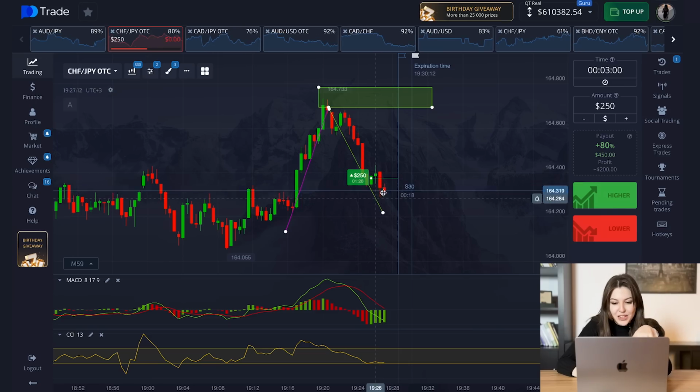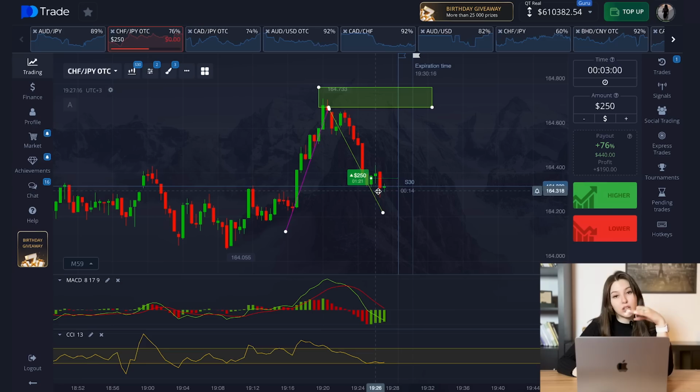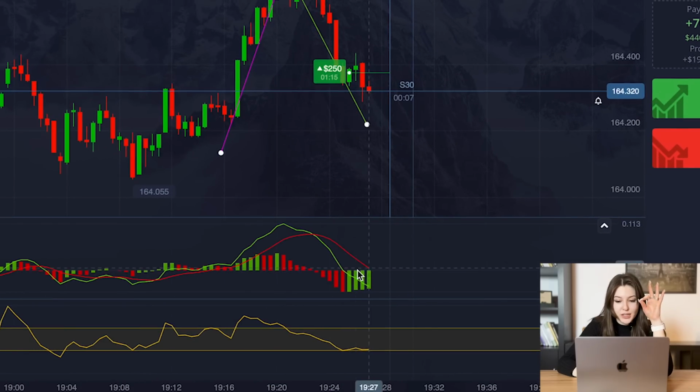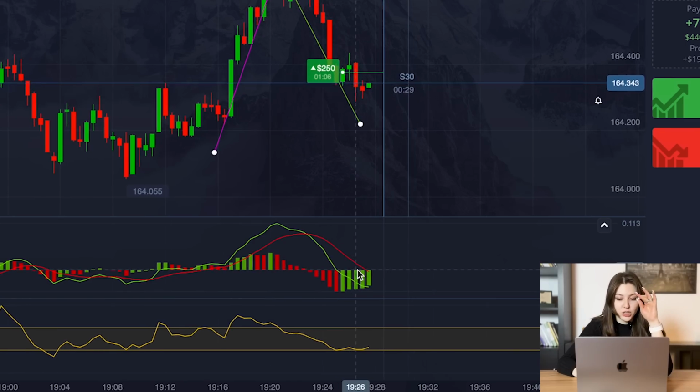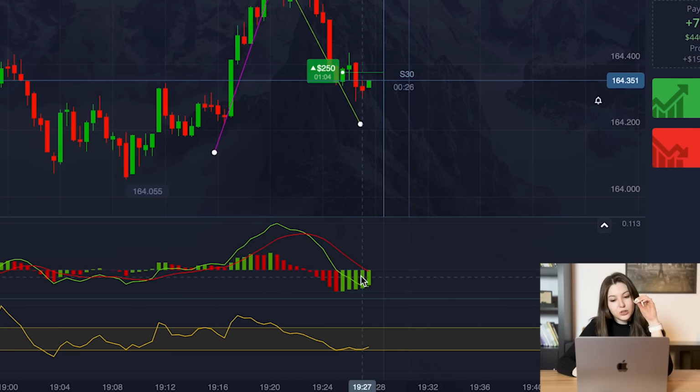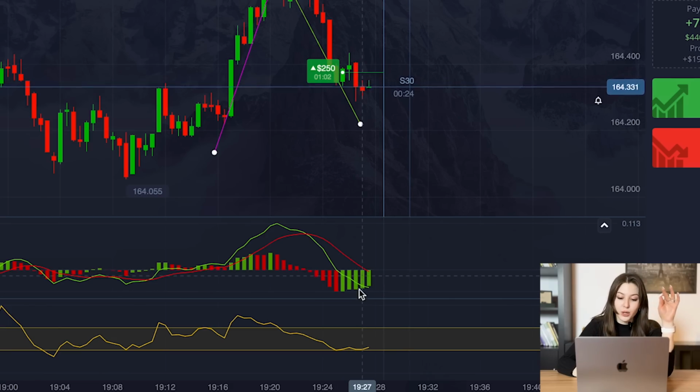We have this tail of the red candle that's showing us: I tried the zone downwards and it's not comfortable for me, so probably I'm gonna go higher. Also on MACD, we're already seeing that we have the buyers, but they are not very confident in their actions, so probably they're gonna take little by little to grow the price up.